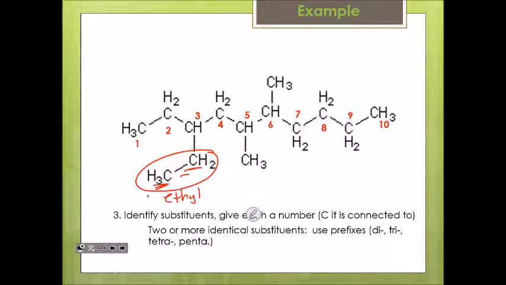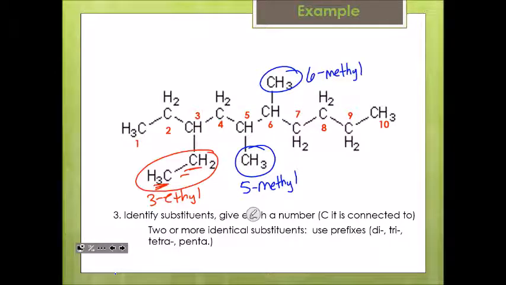And it's on number 3, so we would call this 3-ethyl. How about this one? It's on 5. Methyl, ethyl, propyl, or butyl? This one's a methyl. Good. And this last one, this would be off the 6. This is also a methyl.